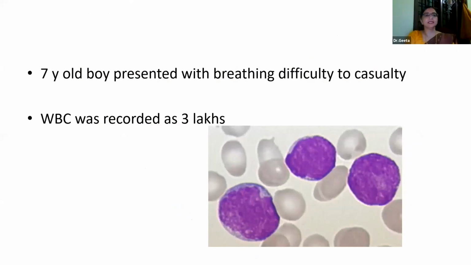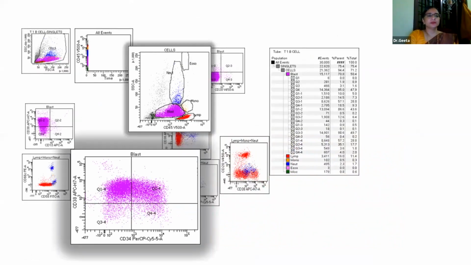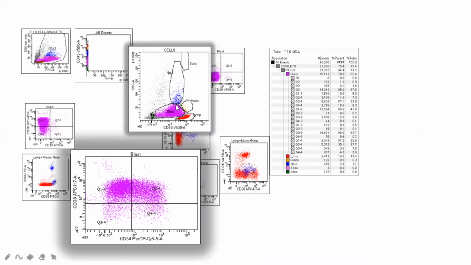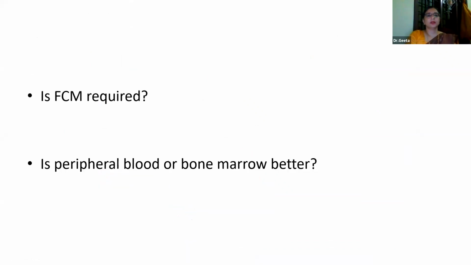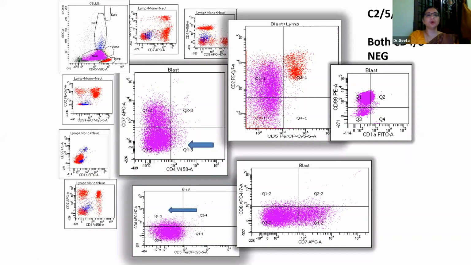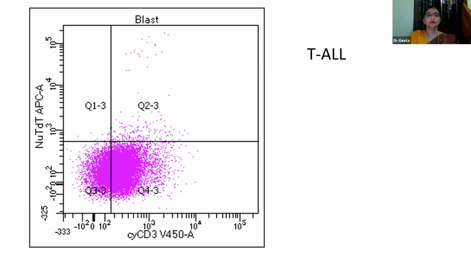So this is another case, a 7-year-old boy who had a mediastinal mass and had difficulty in breathing. So his plot showed these blast cells in the CD45 dim area, which were CD34 positive, and further showed all T cell markers, CD7, CD2, CD99, and CD5, CD3, all were positive.